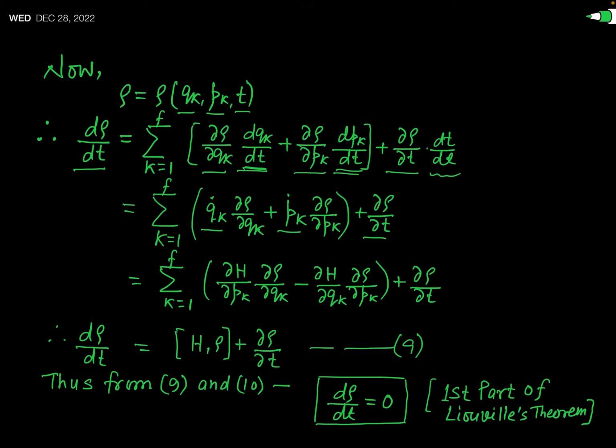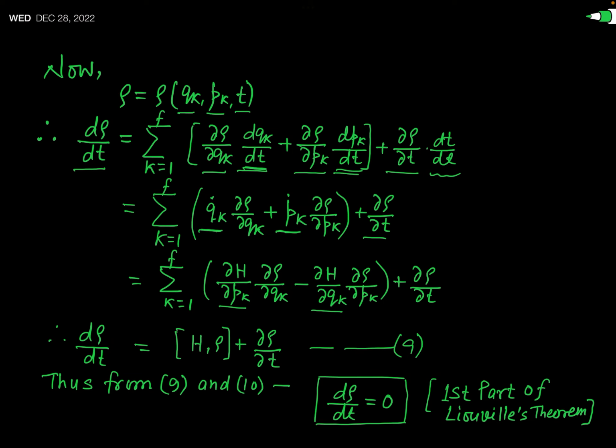Okay. Now again we will use Hamilton's canonical equations. You know from Hamilton's canonical equations that q̇k is equal to ∂H/∂pk, and ṗk is equal to minus ∂H/∂qk.